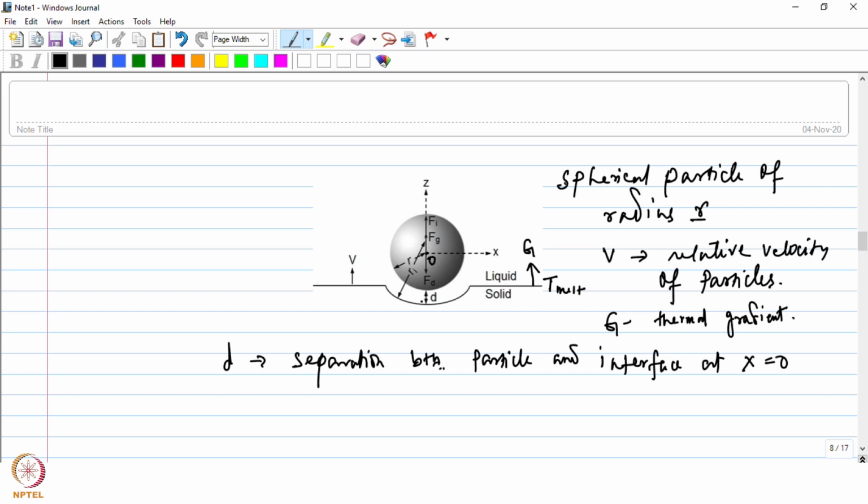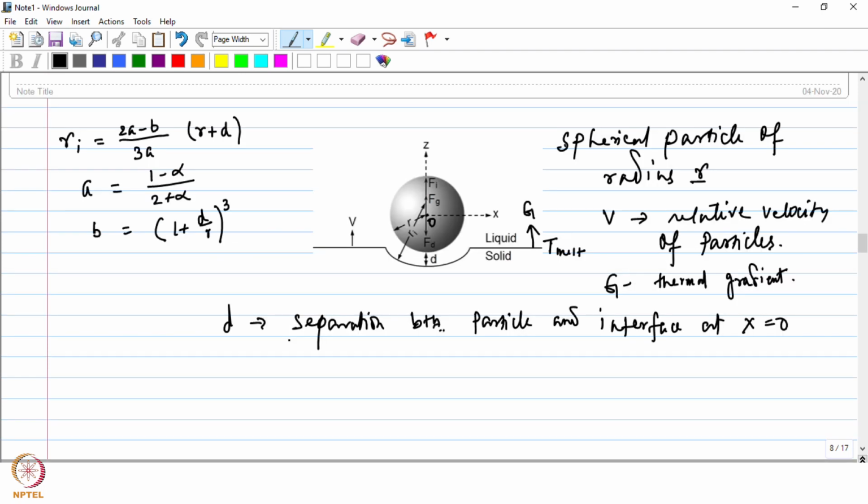So considering this, the radius of curvature, that is this Ri, can be given as follows, where A is a function of the thermal conductivity ratio alpha and given as follows, and B is equal to (1 + d/R) whole cube.